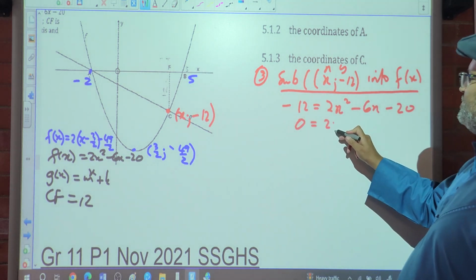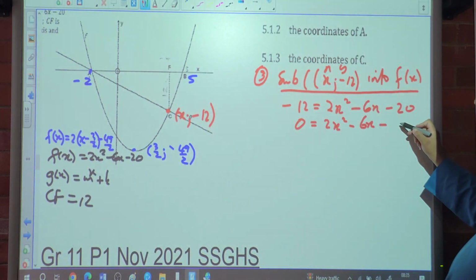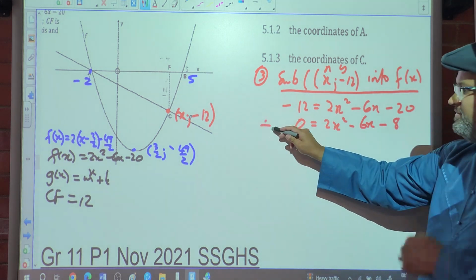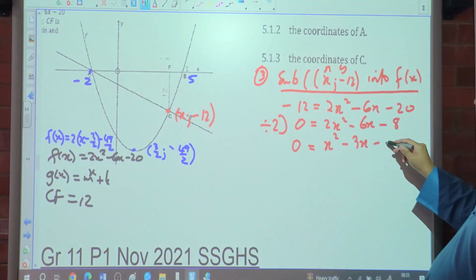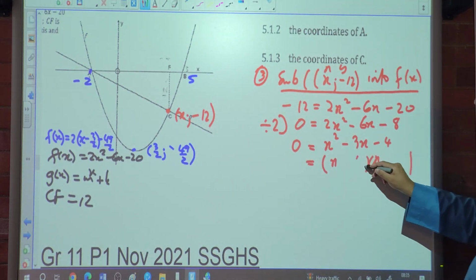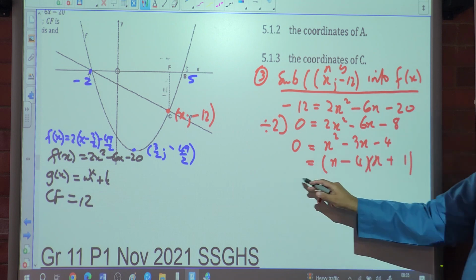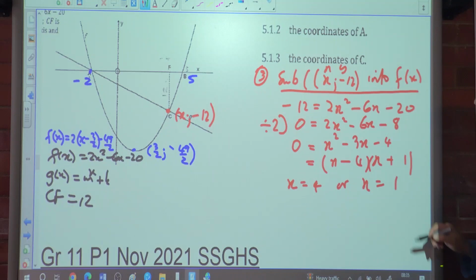So 0 is equal to 2x squared minus 6x minus 8. Divided by 2. So 0 is equal to x squared minus 3x minus 4. Again, trinomial. X and x, 4 and 1, minus plus. So x equal to 4 or x is equal to minus 1.